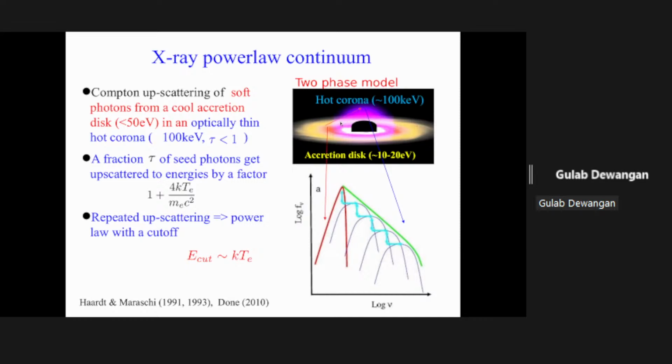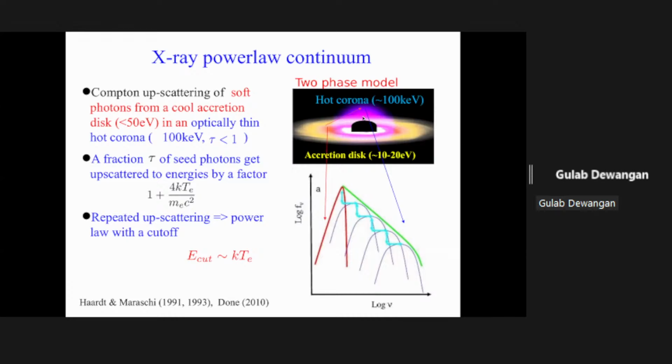Therefore they undergo repeated inverse Compton scattering. In each scattering there is a certain amount of energy transfer, and thus the original optical UV photons can gain energy and become X-ray photons. That is how this Comptonization, or repeated inverse Compton scattering process, generates X-ray photons here.